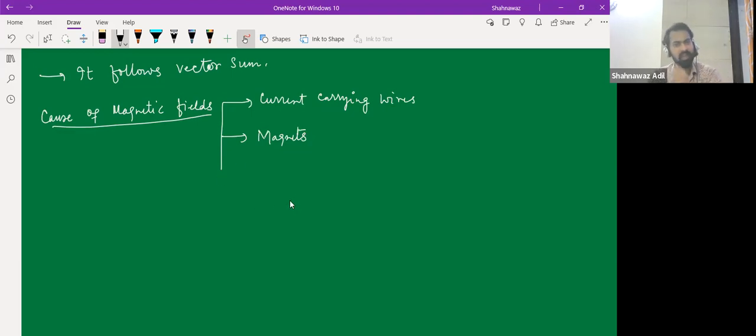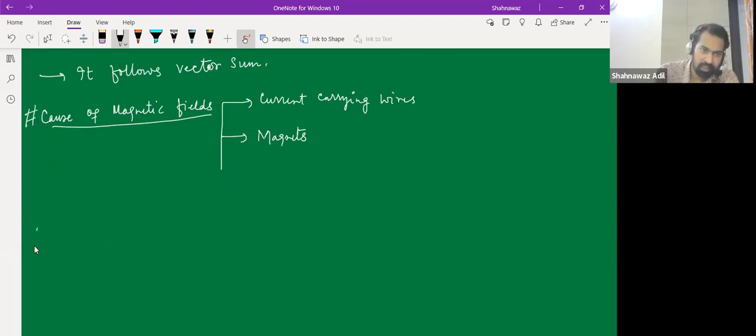The other one is the intrinsic property, which is the spin, which is a quantum effect, but we will not talk about that. So these can be the cause of magnetic fields.